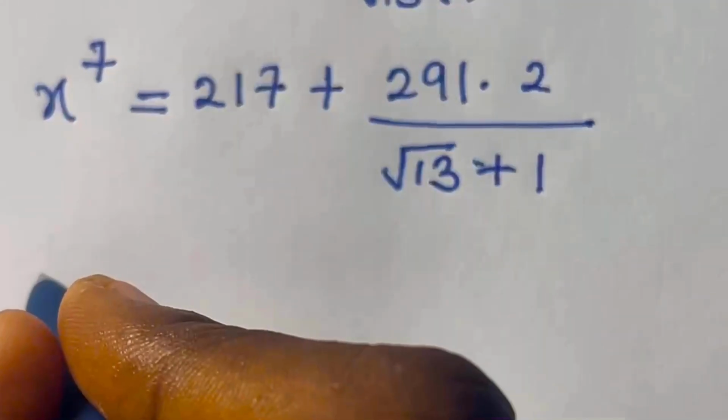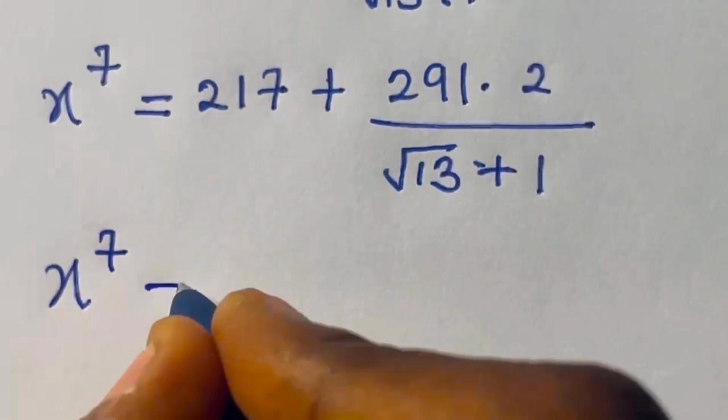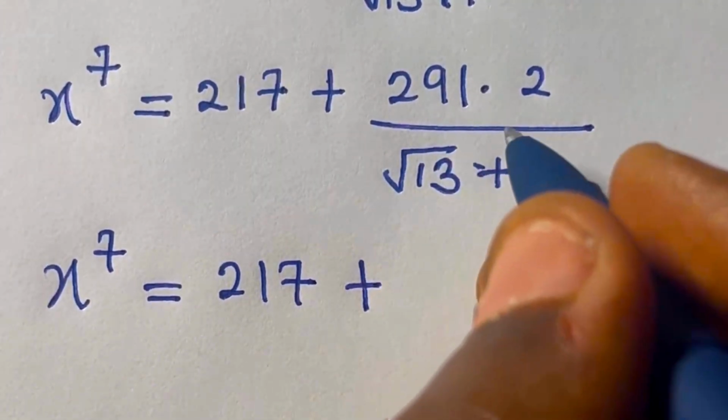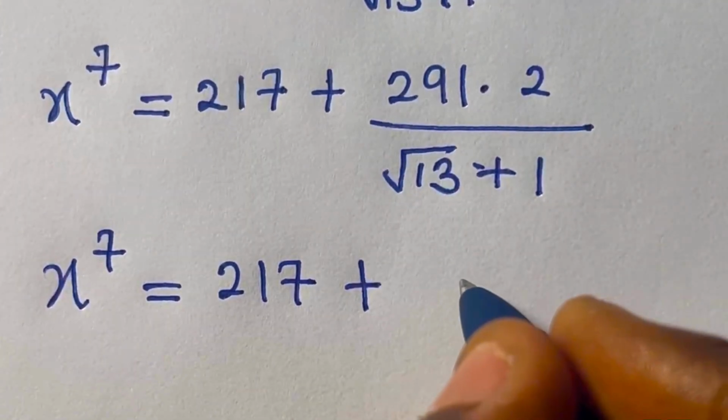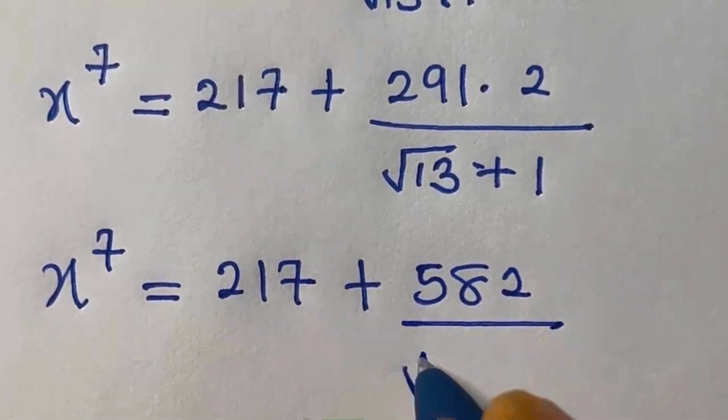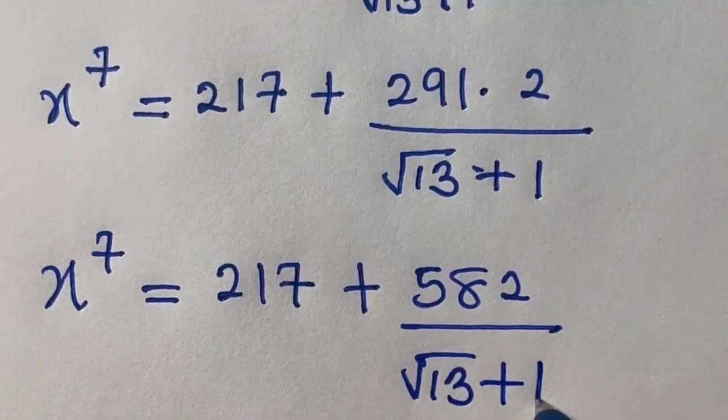Let's multiply this, that is 582, divided by square root of 13 plus 1.